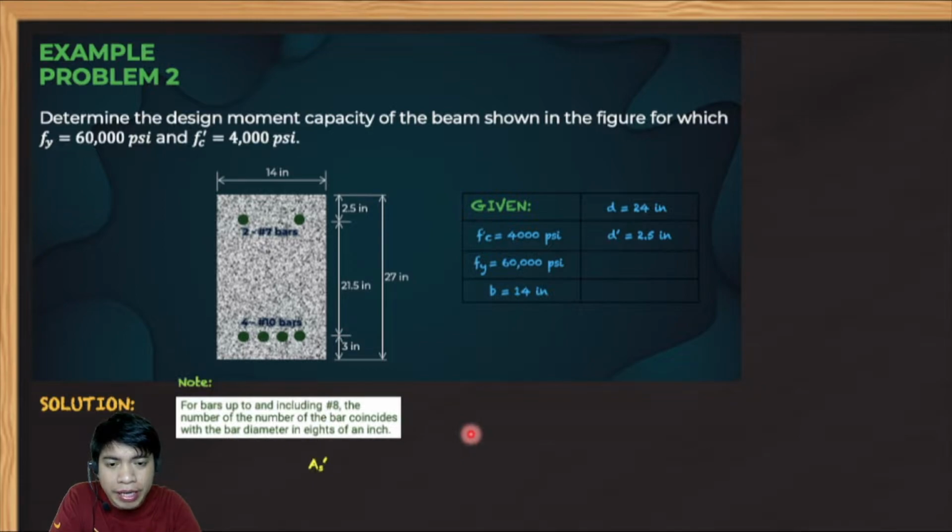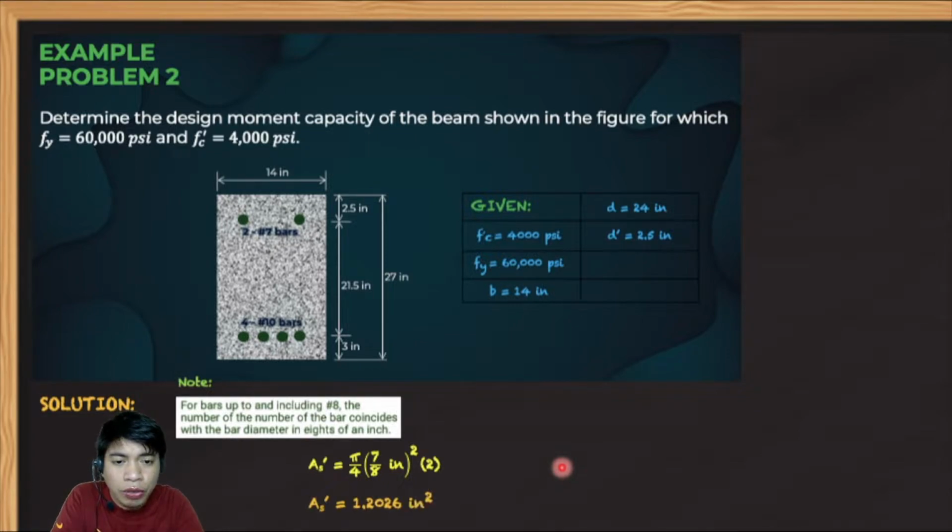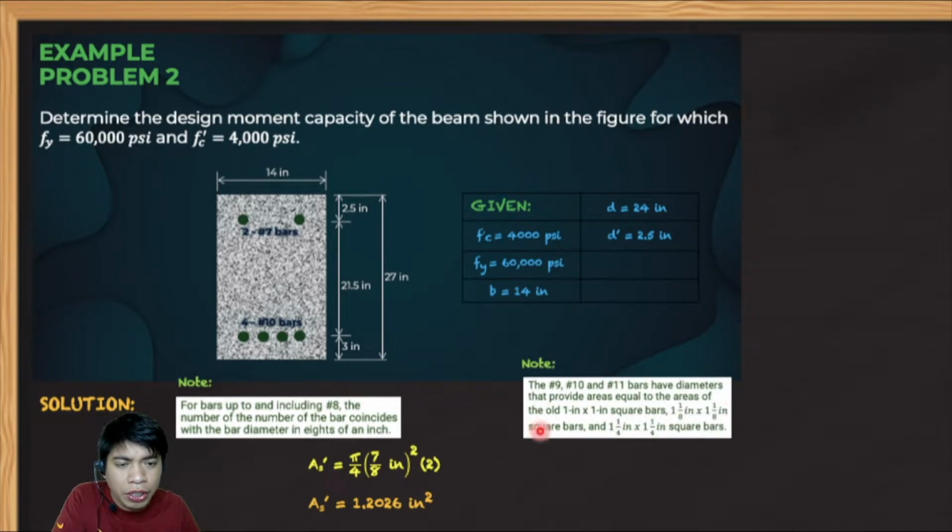For A s prime, that is pi over 4 multiplied by the diameter, 7 over 8 squared, times 2 because we have 2 bars here. Our A s prime will be equal to 1.2026 square inches.